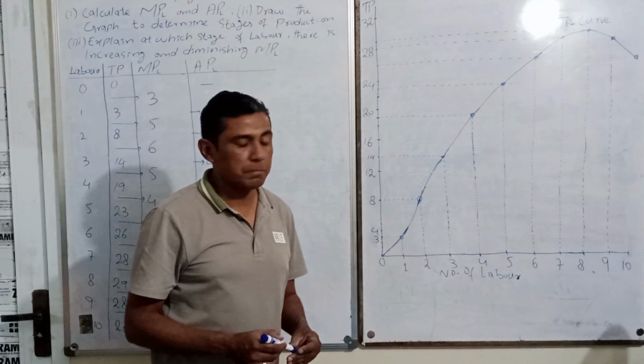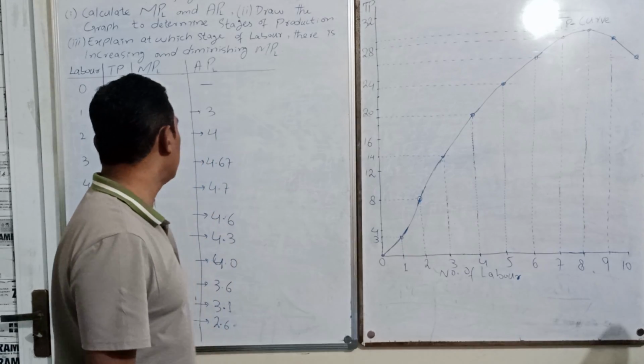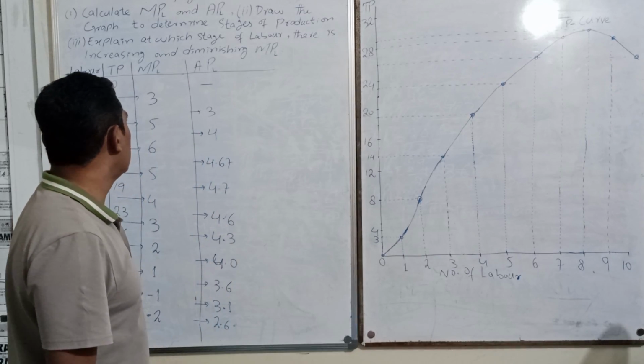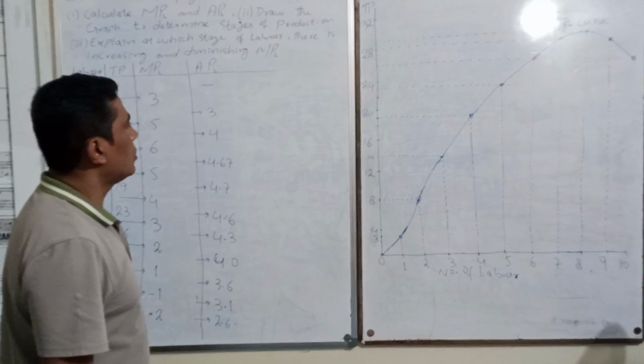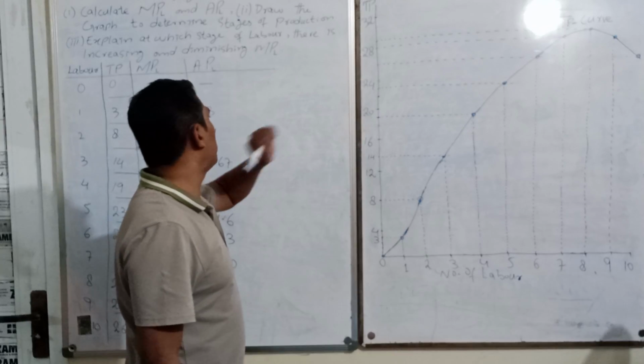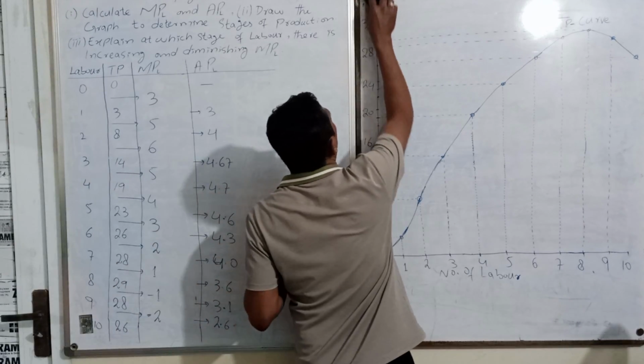Now next we have to plot the marginal product and average product values. So I'm going to draw the graph of these values.